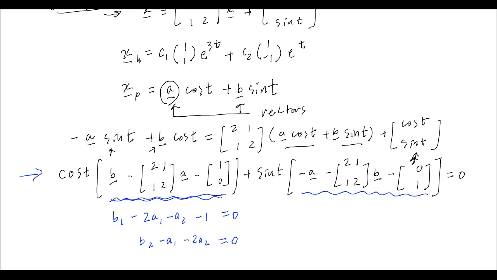From the second group we get minus A1 minus 2B1 minus B2 is equal to 0, and minus A2 minus B1 minus 2B2 minus 1 is 0. Alright? So we have 4 coefficients, A1, A2, B1, B2, and 4 equations, so we can find the solution. Okay?